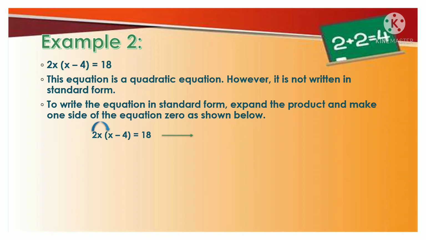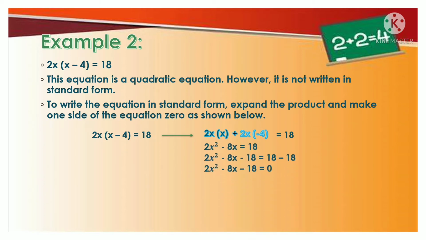Let us multiply 2x times x and 2x times negative 4, and then equals 18. So 2x times x is positive 2x squared, and positive 2x times negative 4 is negative 8x, and bring down equals 18. This time is to make this side equal to 0. So we are going to apply the addition property of equality.